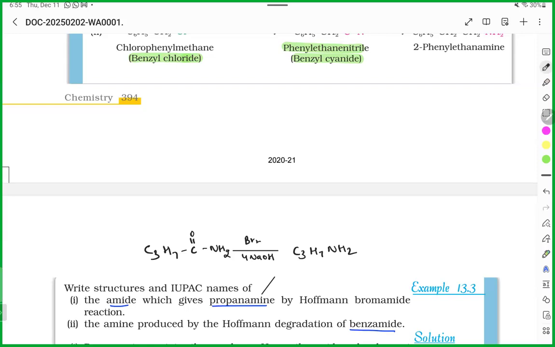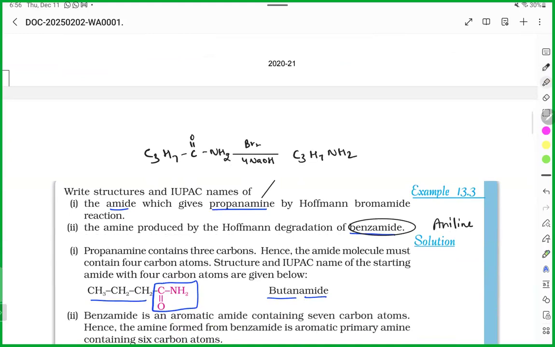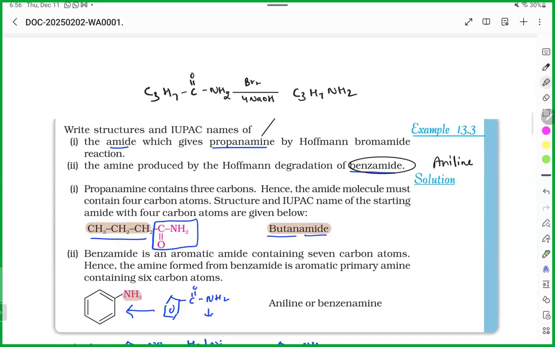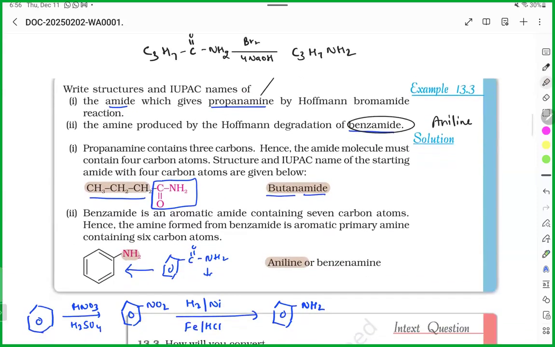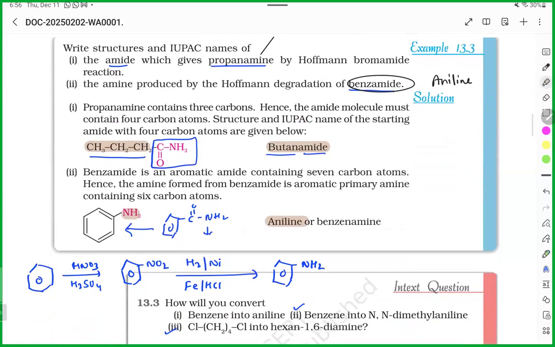And the amine produced by benzamide is aniline. These were the two answers. Here it was having three normal carbons and amide, so butanamide. And second, aniline. Any doubt, guys? No, sir.